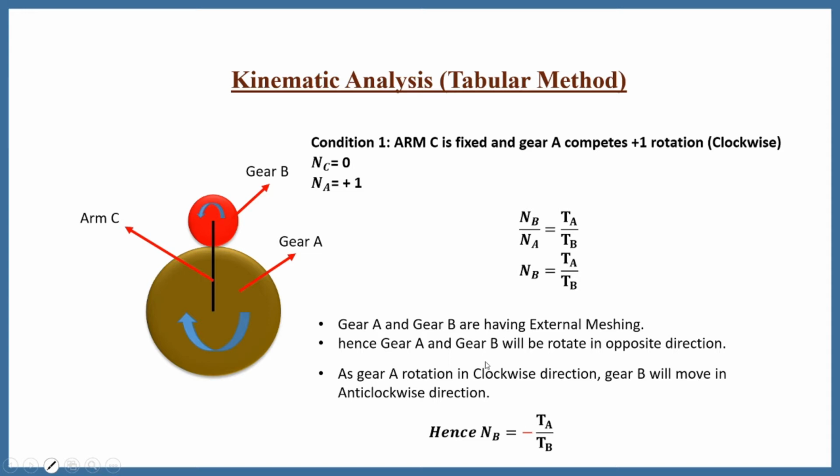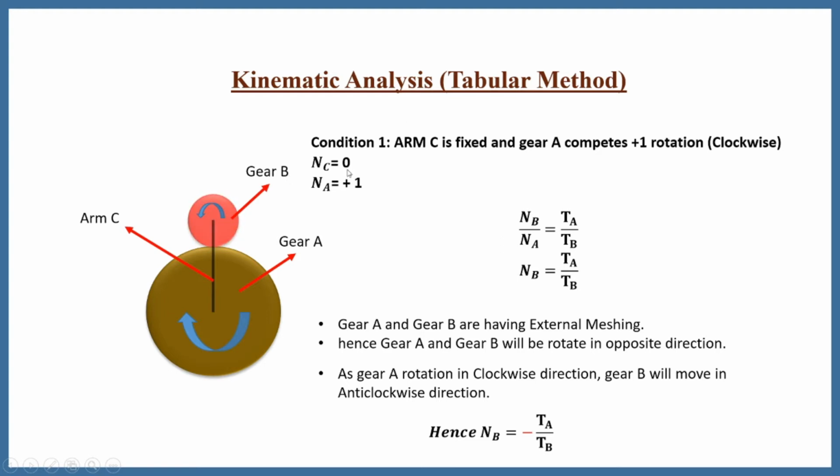Up to this point we had just calculated the magnitude. Now we have to consider the magnitude as well as the direction. That's why we consider the direction minus, which is the anti-clockwise direction. Gear A rotates in the clockwise direction and gear B rotates in the anti-clockwise direction.